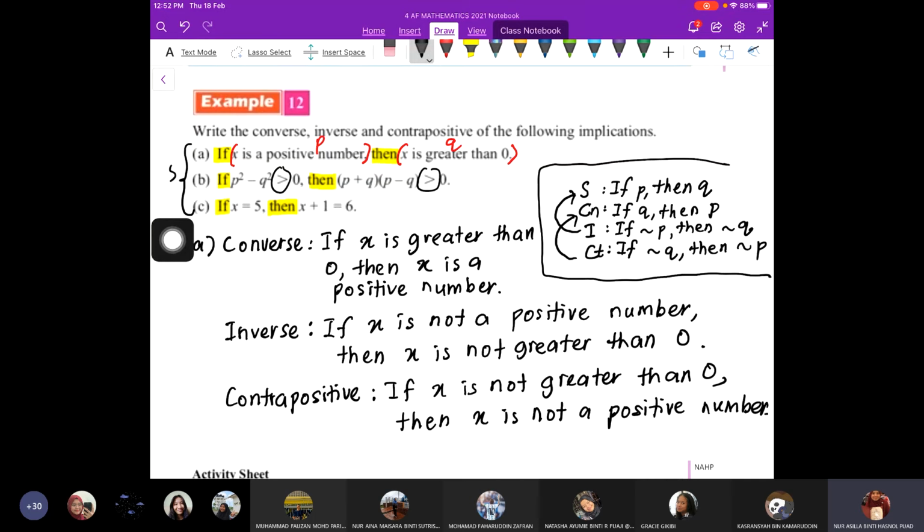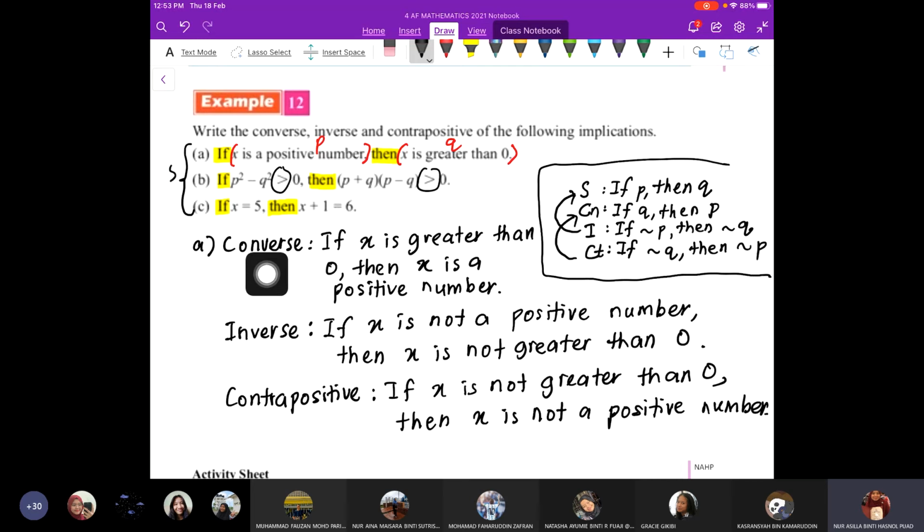Alright, last kita try C. Okay, what is the converse for question C? Alright, kita try. Okay, tak apa.